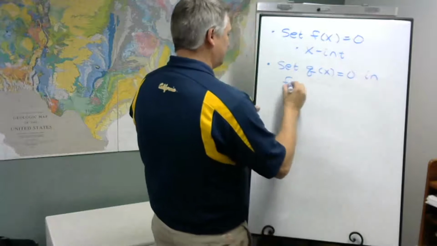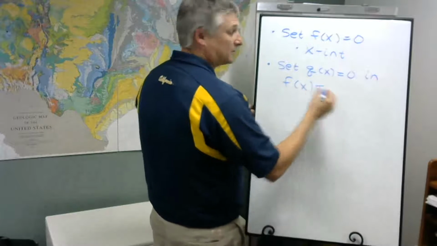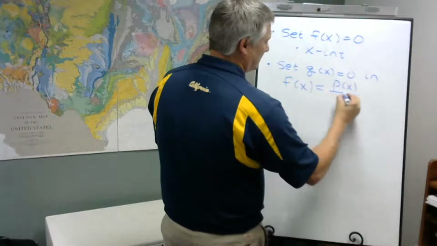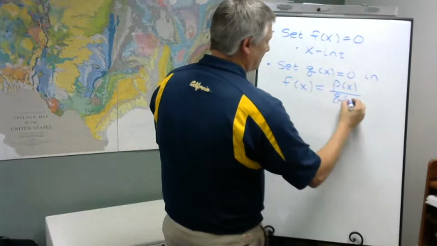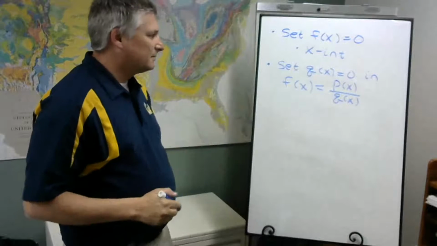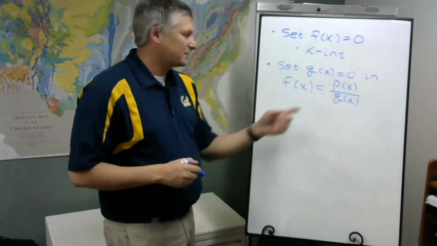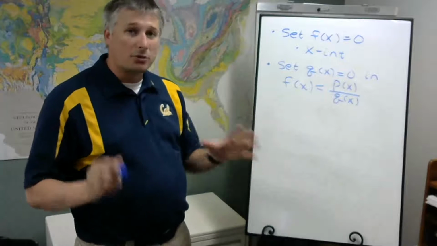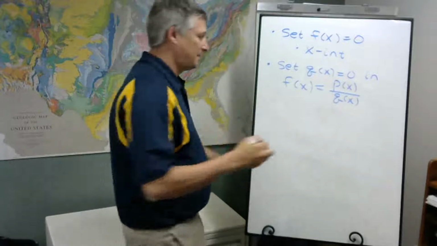Remember, we describe f of x as a rational function as p of x over q of x. And factors in q of x that can't cancel with p of x, they don't simplify away, those will become vertical asymptotes.